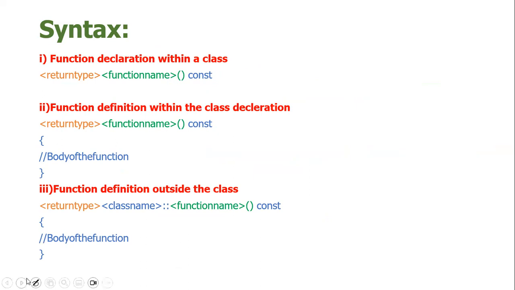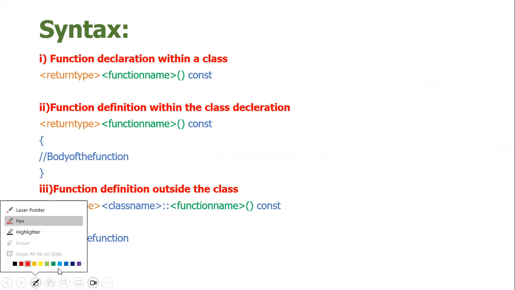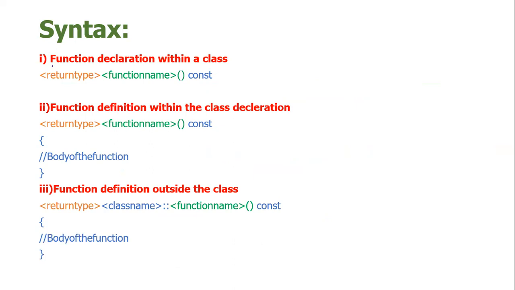First I'll change the color because it helps you to differentiate. First we'll see how we declare the function inside the class. You should remember how we declare a constant member function within the class.